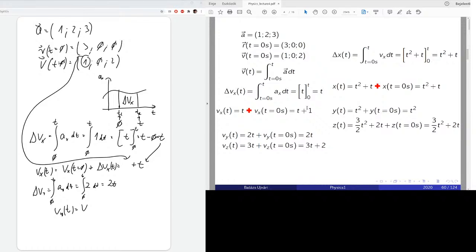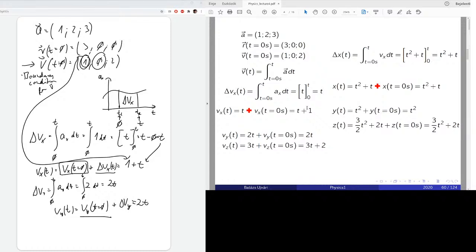So here I have to add the Vx at t equals 0, which is 1. This is the boundary condition for V. So what is the Vy at t equals 0? Plus add the delta Vy. Since the Vy at t equals 0 is 0, this remains only 2t.